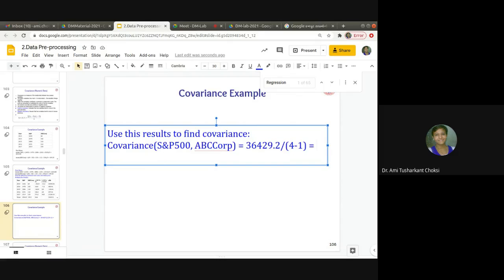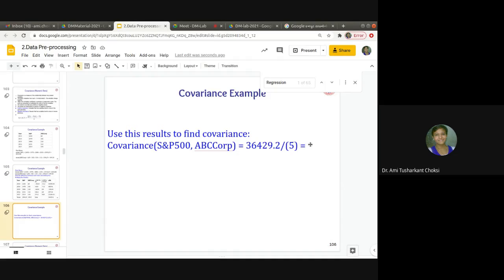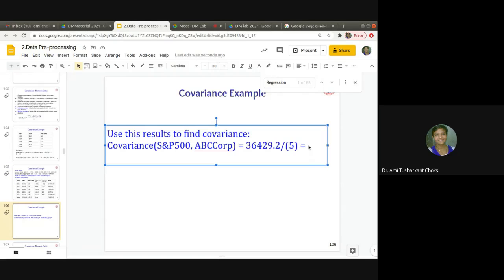How many data were there, 5 or 4? 1, 2, 3, 4, and 5, so 5 we should specify. And we'll find the answer. You can calculate and have the final answer. We can calculate it here also, no issue for that.